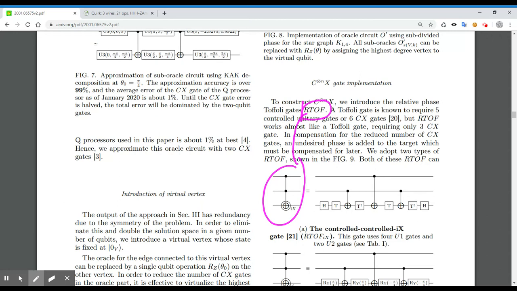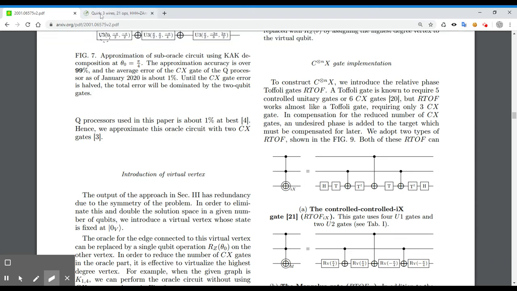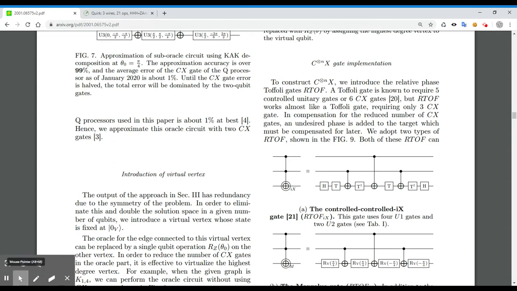Let's see. Let's focus on this maybe for this video. I want to make sure I understand that correctly. And so we can maybe take a look at clearing. Can I not zoom out here?